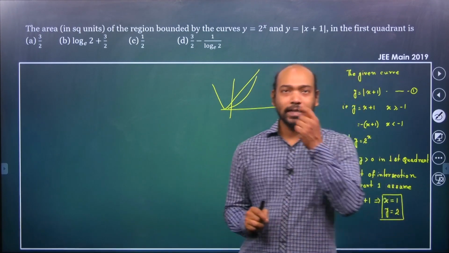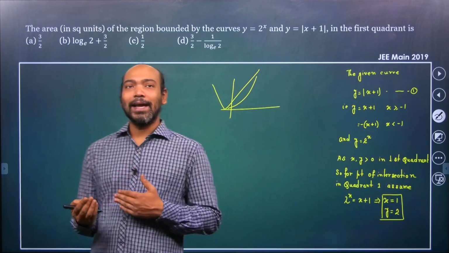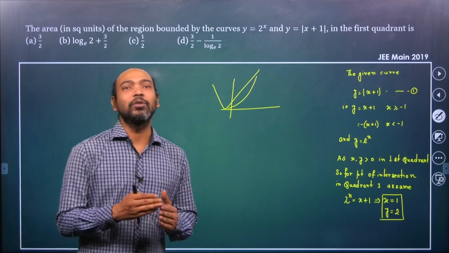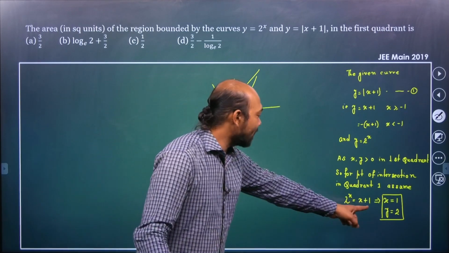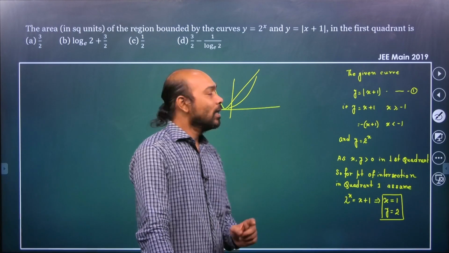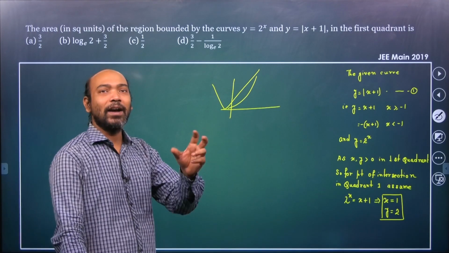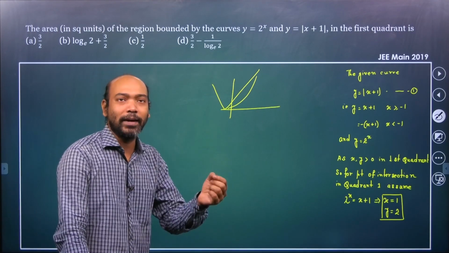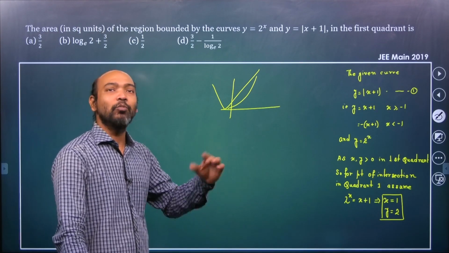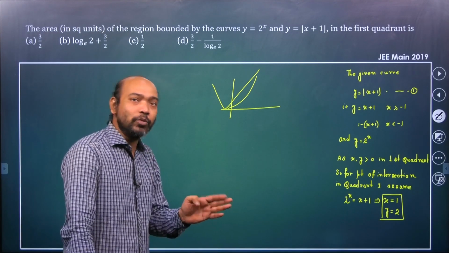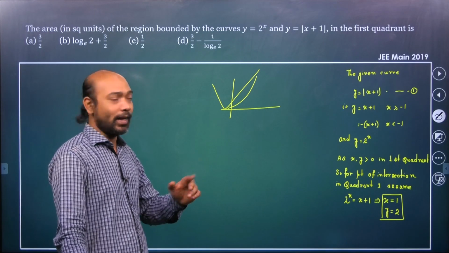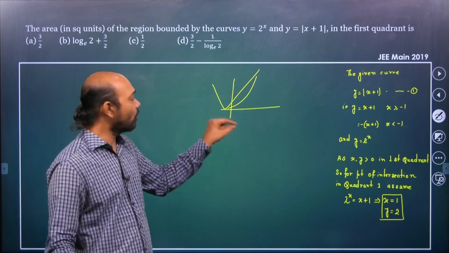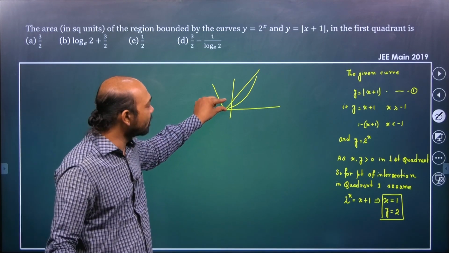Why? Because as x lies between 0 and 1, 2 to the power any value, 2 to the power half, 2 to the power 1 by 3, 2 to the power 1 by 5, whatever, is always below the x plus 1 line. So that will be the approximate graph. Obviously, this distance is 1, this distance is 2.